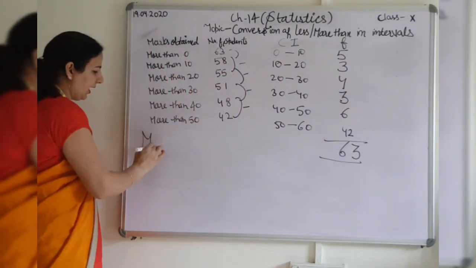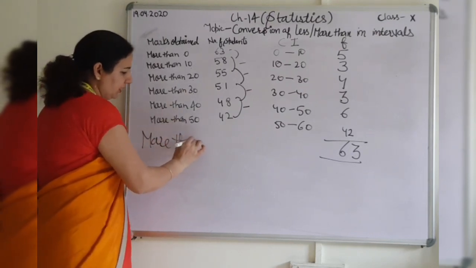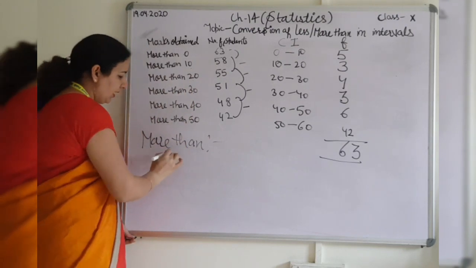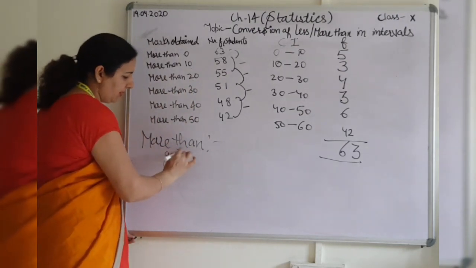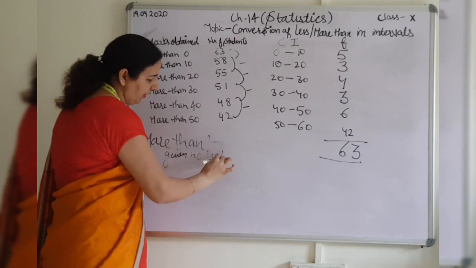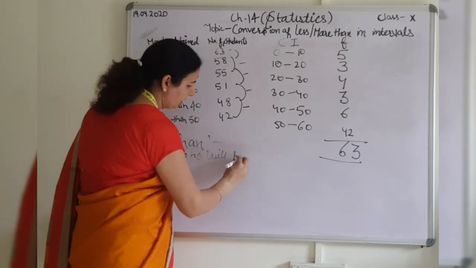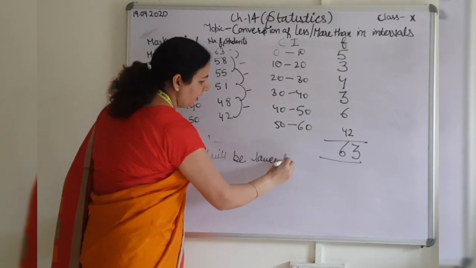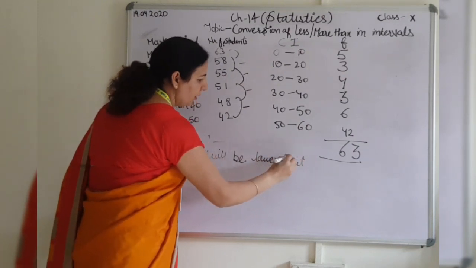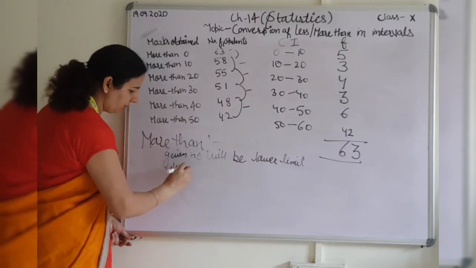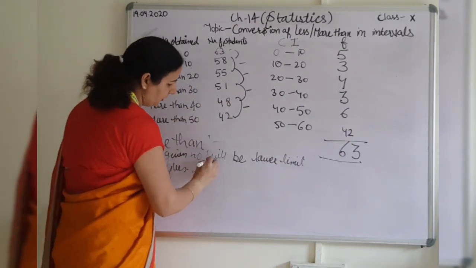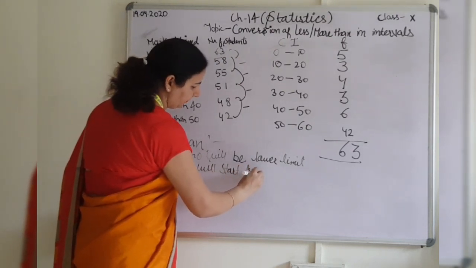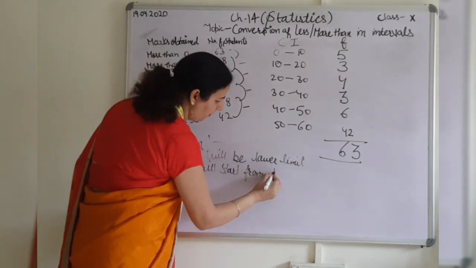So in more than type, what you have to note here is that the given numbers will be lower limits. The question will start from the bottom.